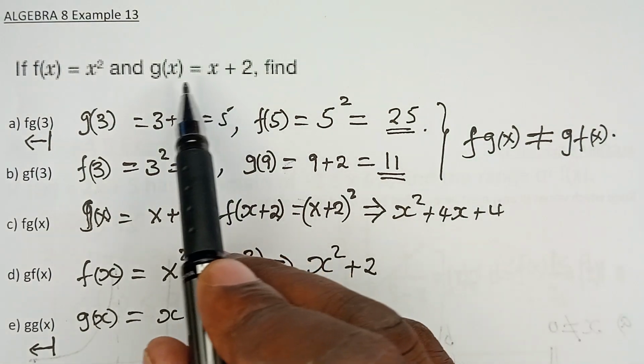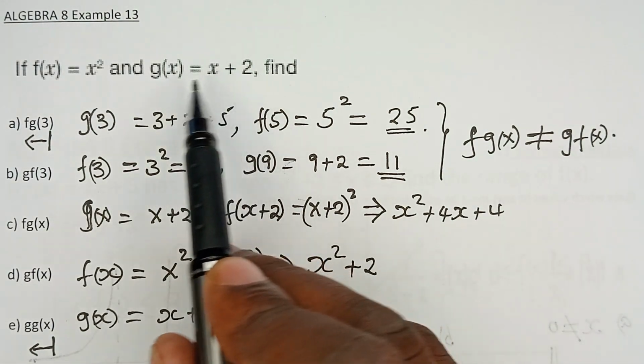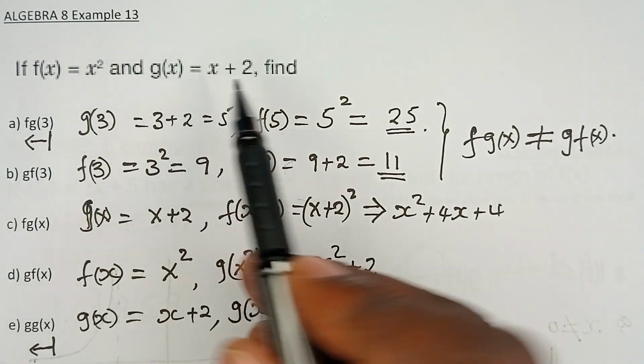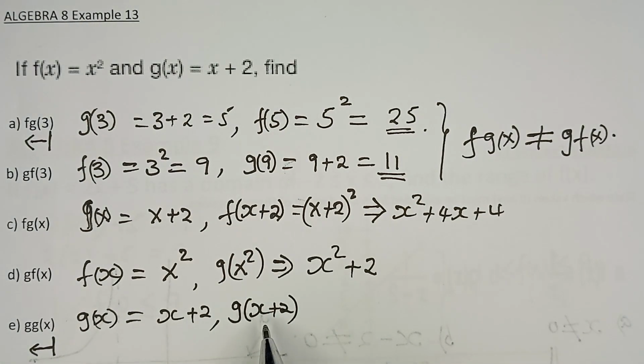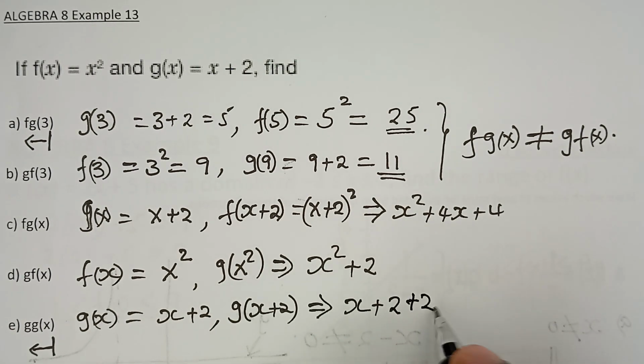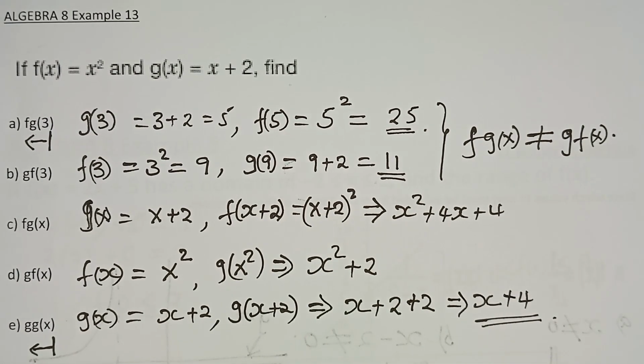Because the function g(x) is x plus 2, and our new raw material is x plus 2, wherever we come across x, we write x plus 2, of course now plus 2, because this is x and the new x is that. So we have x plus 4, and that is the final answer to that question.